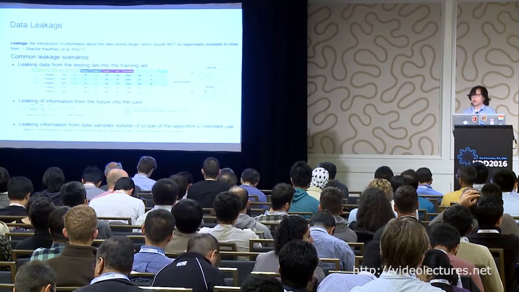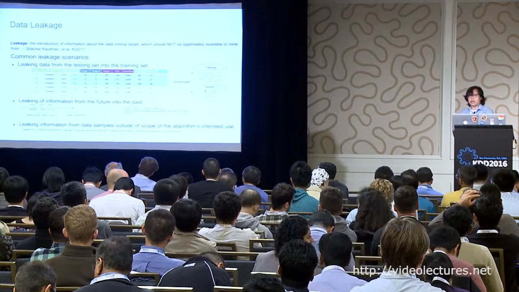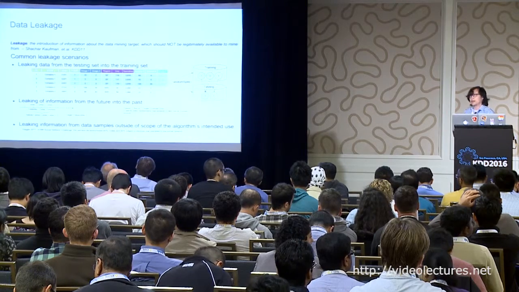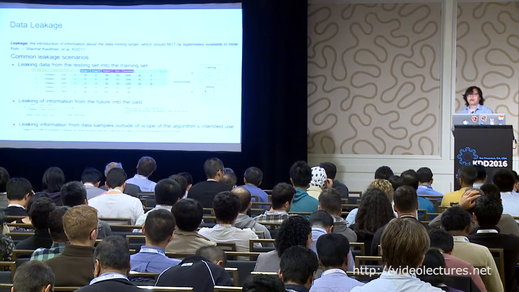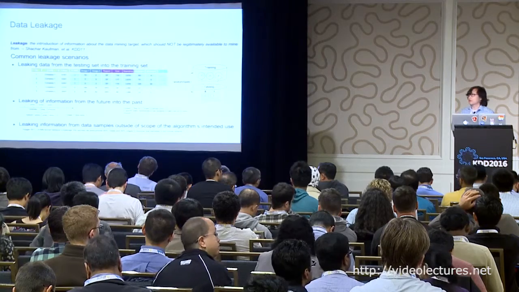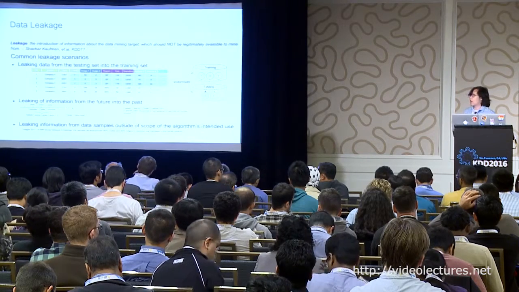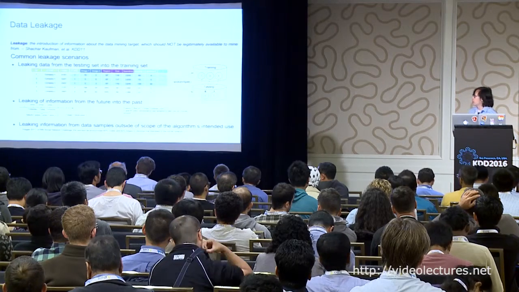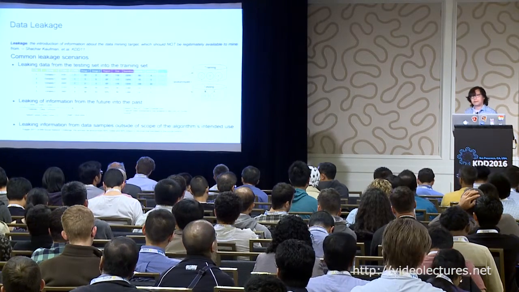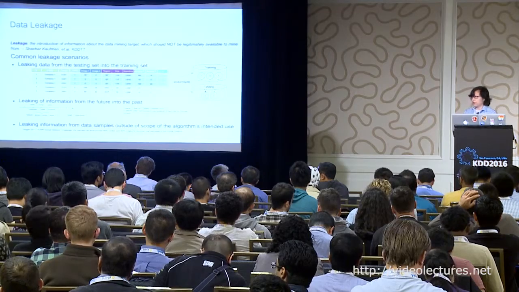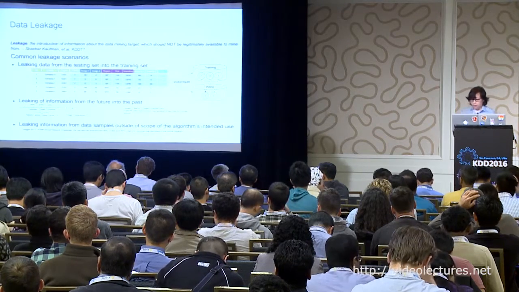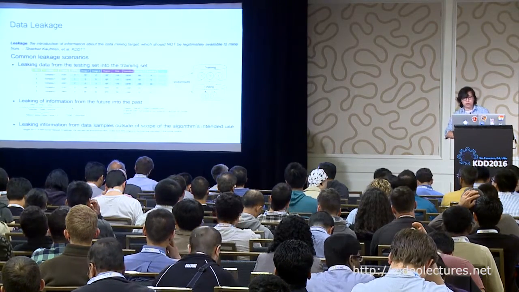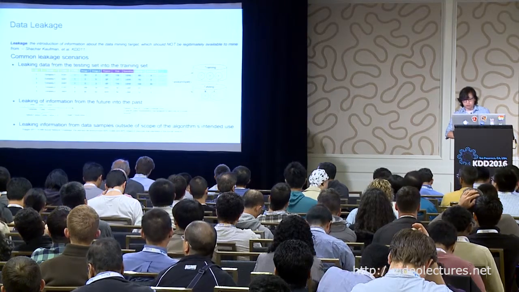And even worse, after you do the testing, on the testing data you actually feel very good. You don't really realize your model is overfitted to your training data. So that's the danger of this information leakage. If you deploy this solution into production, you will pay a big price for that.